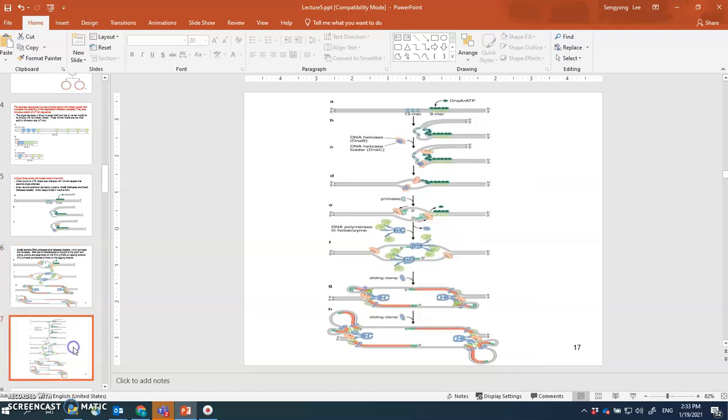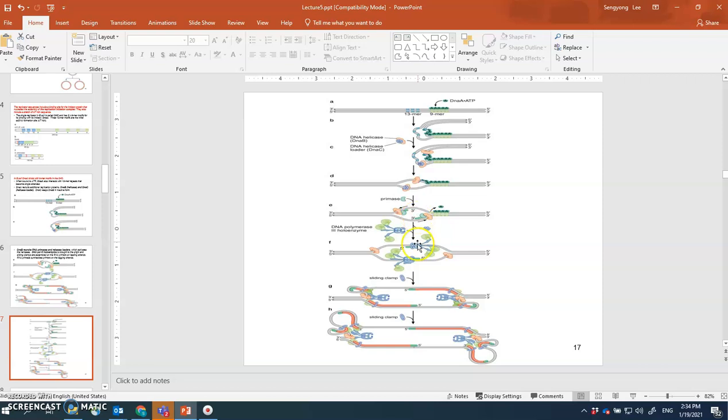Same thing is shown up here. You can see DnaA protein with ATP binding and recruiting DnaB, the helicase enzyme, and the loader protein. DnaC is the loader, and DnaB is the helicase. They are recruited, and now unzipping takes place after DnaA binding. Double strand becomes single stranded, and then the primase enzyme is recruited and makes the RNA primers.